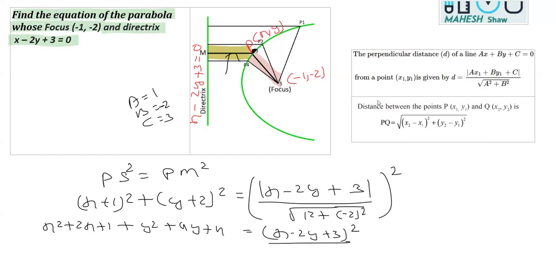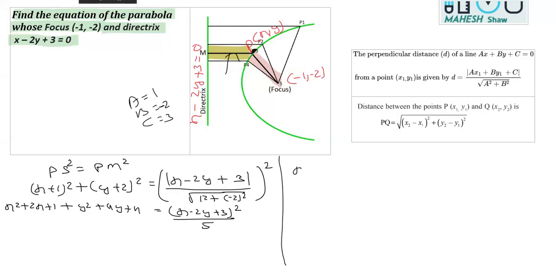Because 1 square is 1 and minus 2 square is 4. And there is an under root, but as you can see, there is a square over it, so I can simply write 5 instead of under root 5 whole square. Now, after that, we'll be applying the identity for A plus B plus C whole square to proceed with this.